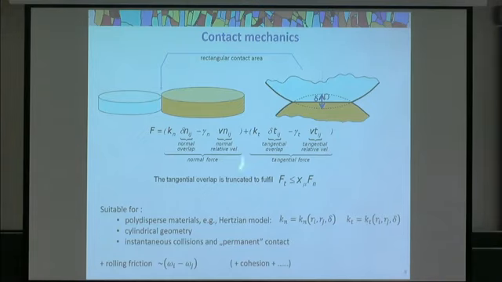It has two components, normal and tangential to the plane of contact, and each component in turn consists of two terms. The first one is related to the so-called overlap between grains. It's in fact not an overlap, but the elastic deformation of those grains, which is marked here with delta.